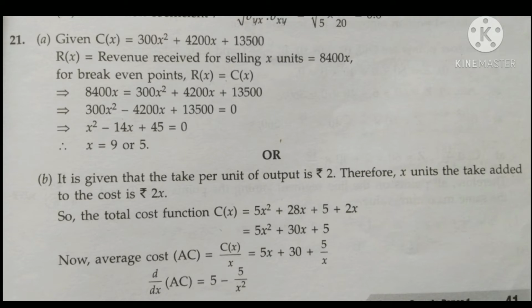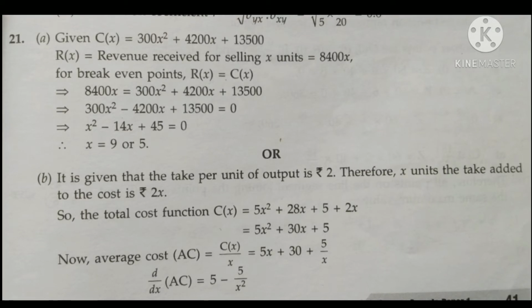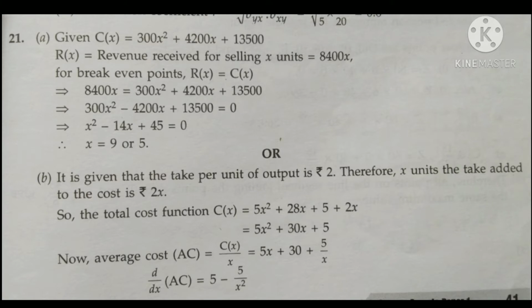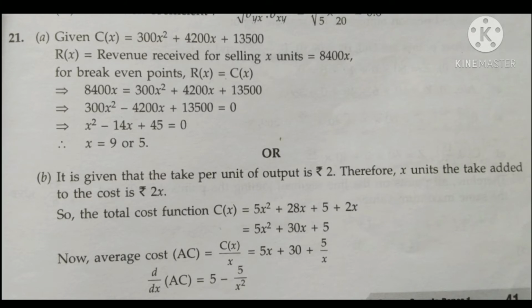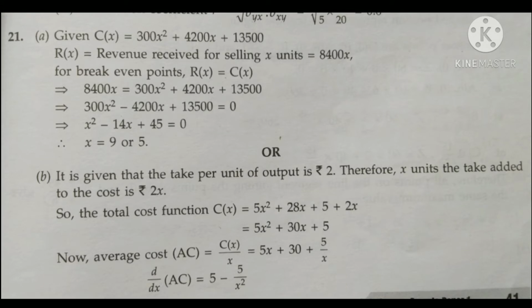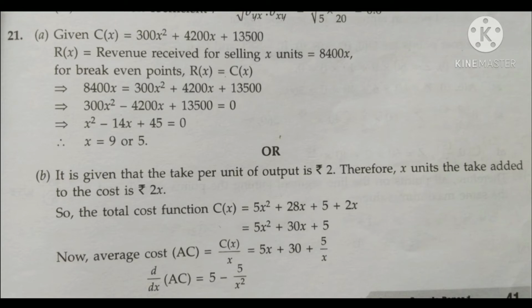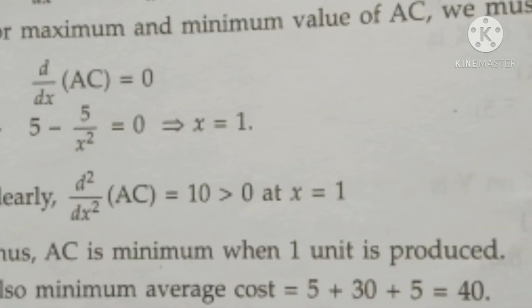Now average cost is C of x by x, and to decide whether average cost is maximum or minimum, we have to calculate d/dx of average cost. If average cost is maximum or minimum, then we know that d/dx of average cost will be 0.